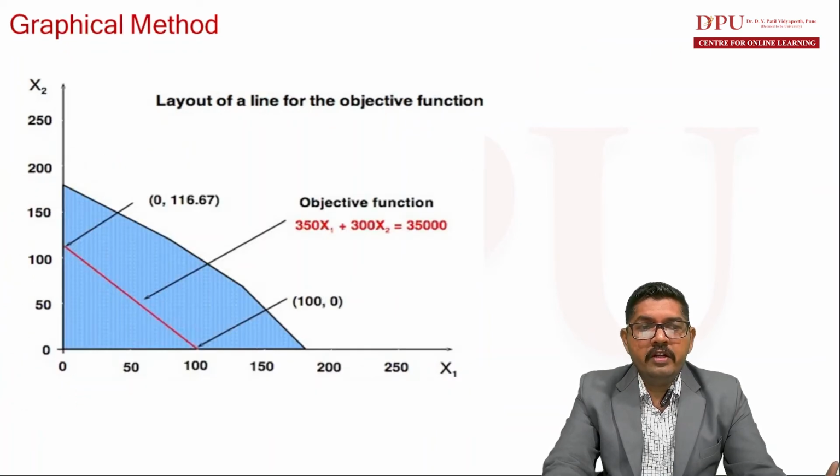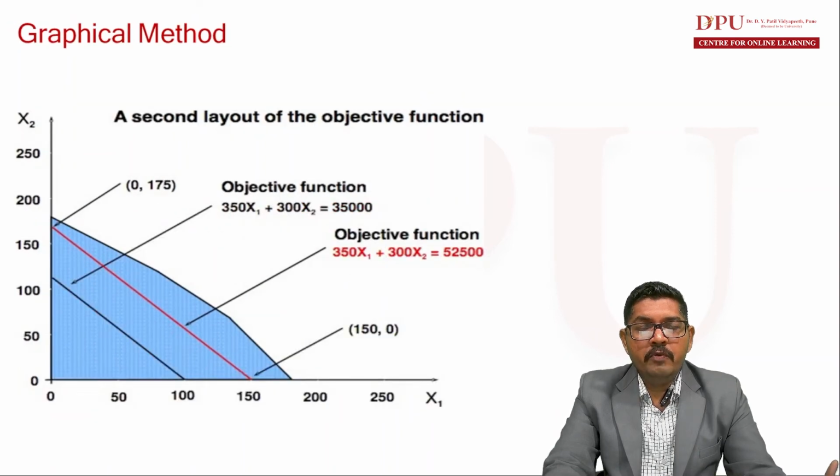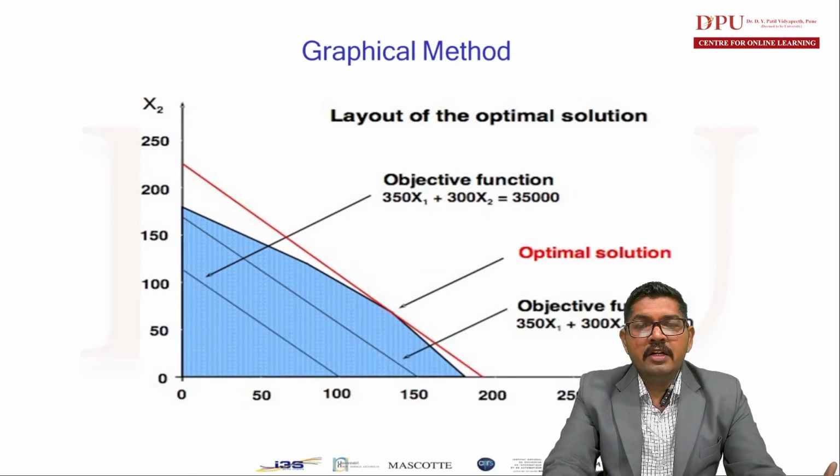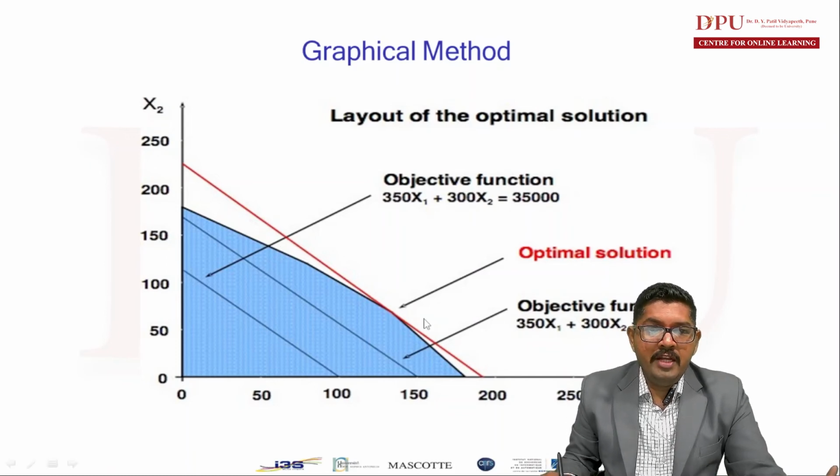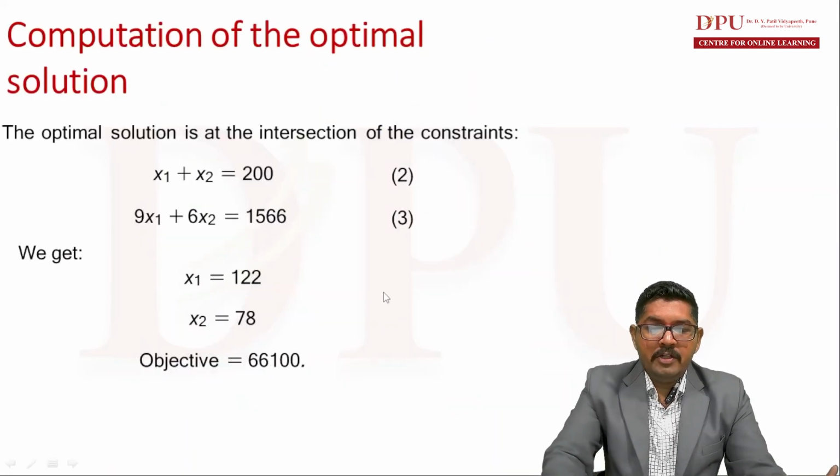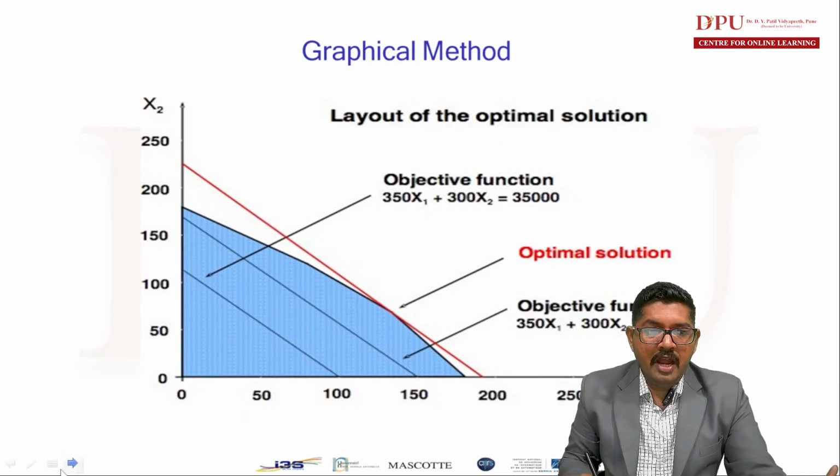And then what we did, we drew the line of the objective function as well, and we tried to move it away from the origin like this. Look at the red line moving away. So we kept moving this line away from the origin until it is tangent to one of the points on the feasible region. So this particular line is tangent to this particular point of the feasible region, and therefore this is the solution of this particular method.